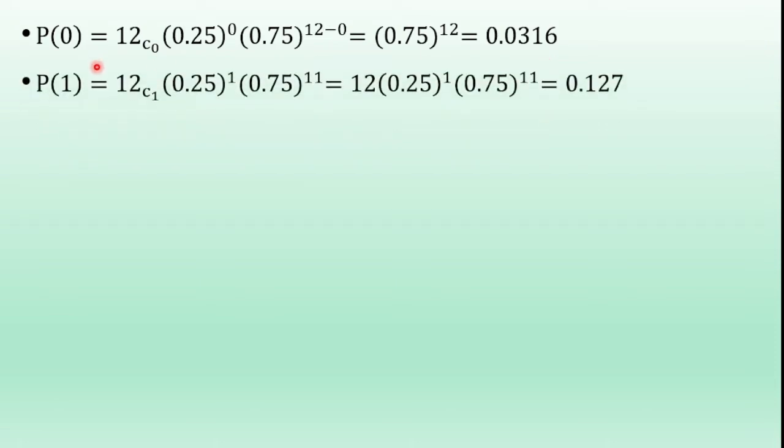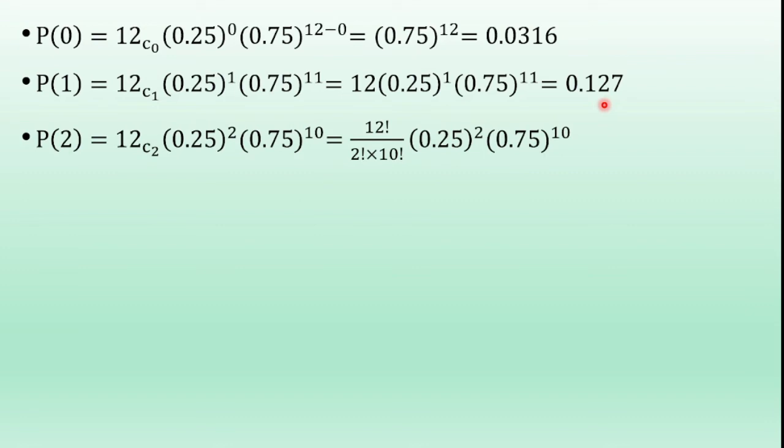Next find P of x is equal to 1. P of 1 is 12C1 into 0.25 to the power of 1 into 0.75 to the power of 12 minus 1, which is 11. 12C1 is 12, so it is 12 into 0.25 into 0.75 to the power of 11. Simplifying this right-hand side term, its value is 0.127.